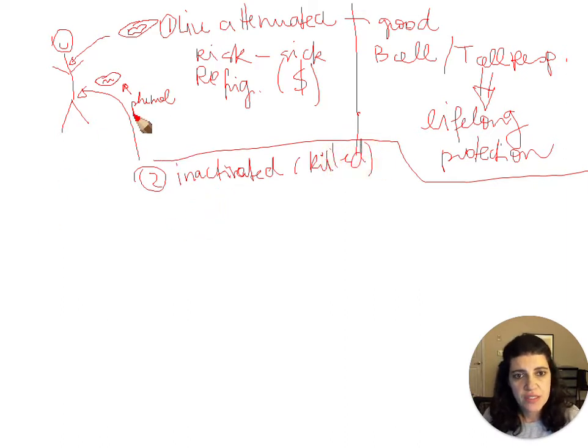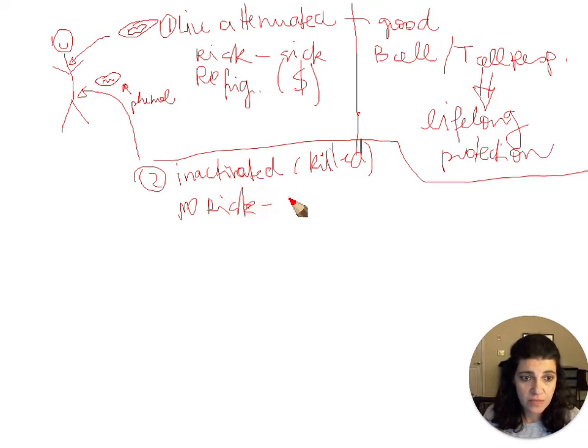Good part of this, your microbe is not going to make you sick unless you have some type of allergic reaction or a minor inflammation, but you cannot get sick with the disease that this microbe causes, right? So no risk of contracting the disease.